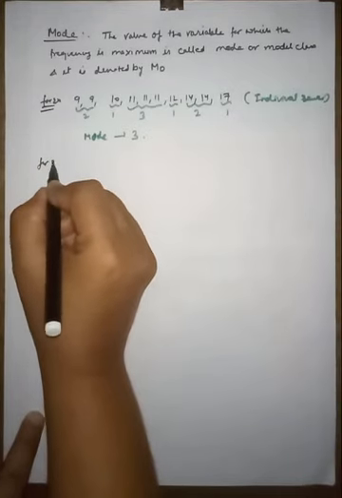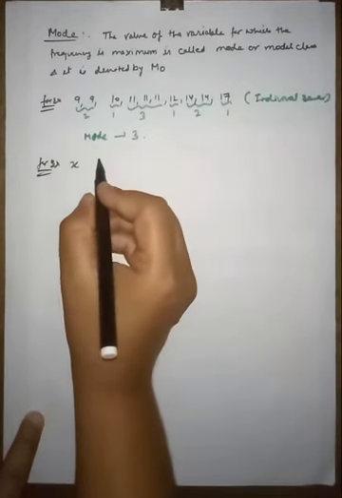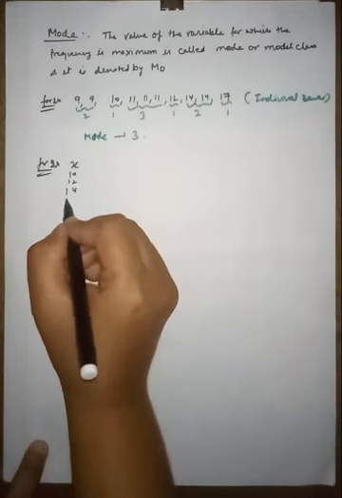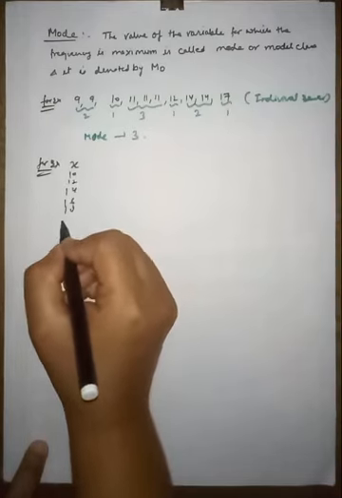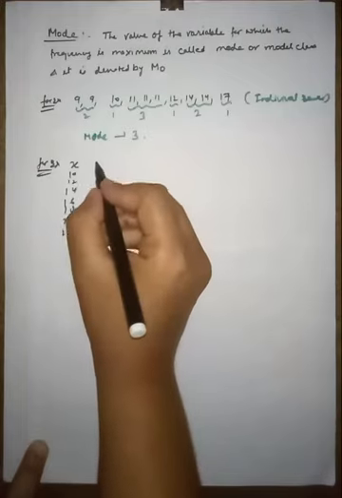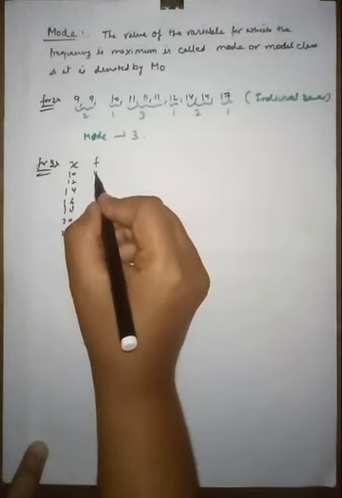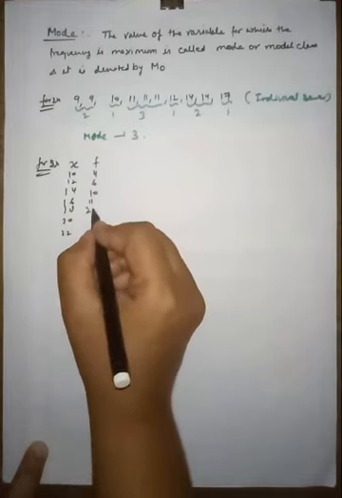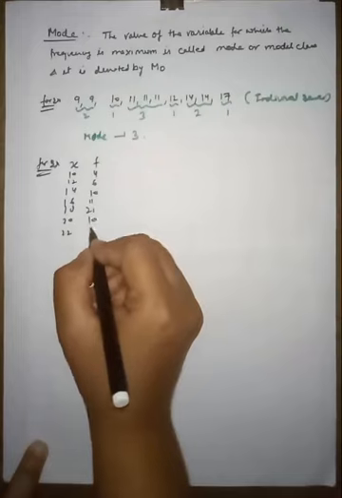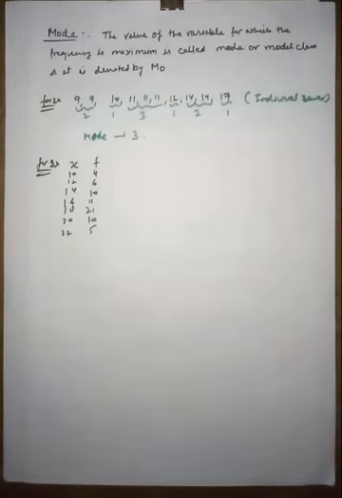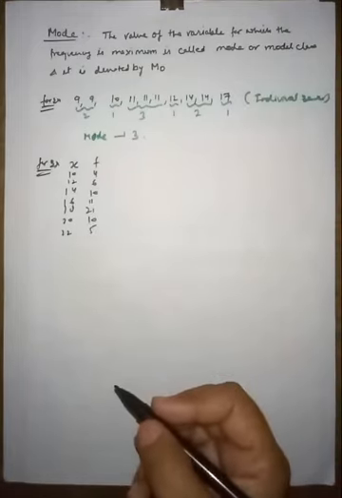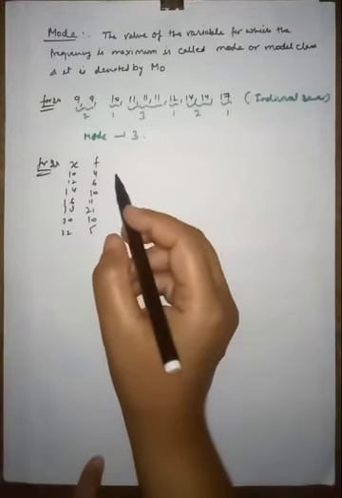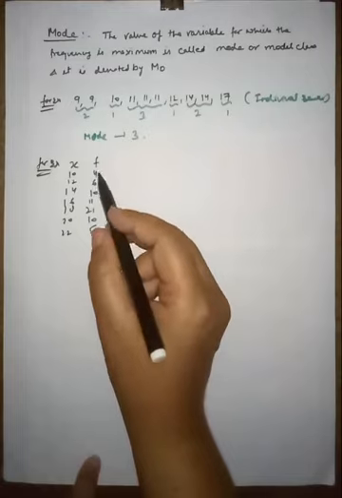For example, I have taken x as 10, 12, 14, 16, 18, 20 and 22, and the frequencies are 4, 6, 10, 11, 21, 10 and 5. Now this is a discrete series.